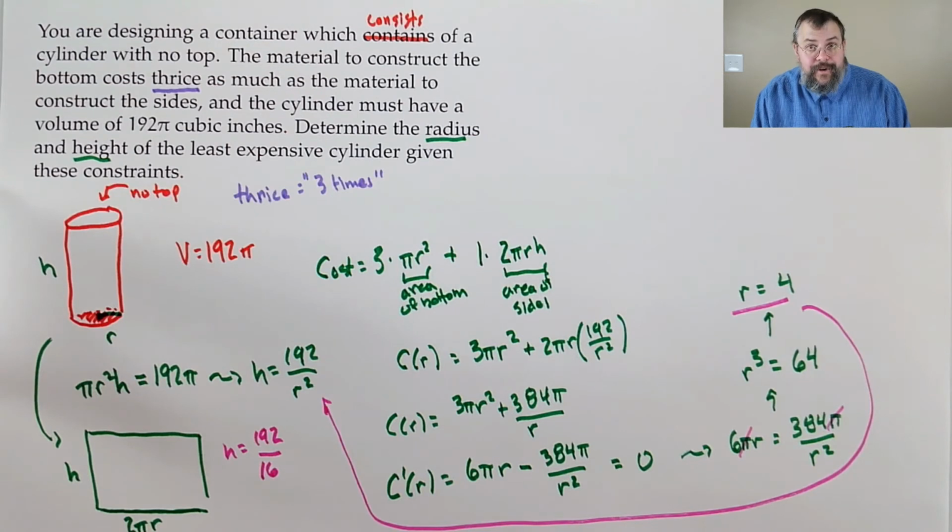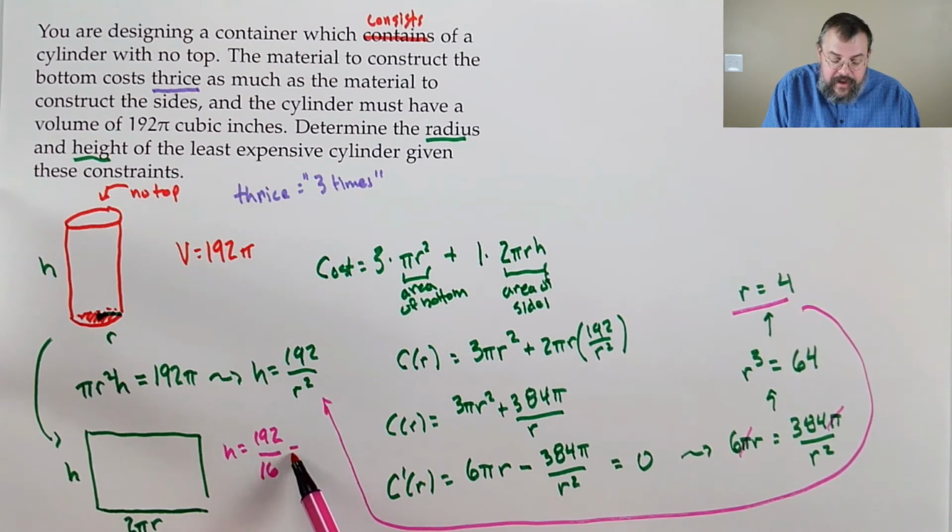Now is 192 divisible by 16? And if it is, then that means that they really were careful in making this work. You can see, if I multiply 16 times 10, that would be 160, which leaves me with 32 to go. That's 16 times 2. So 192 divided by 16 is 12.